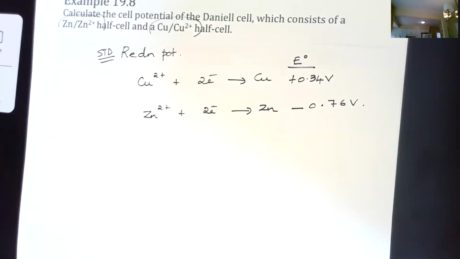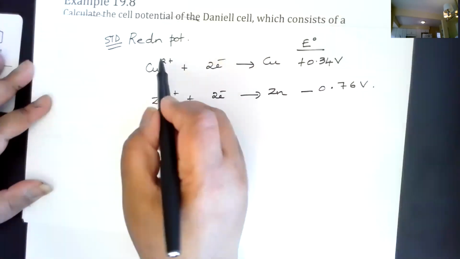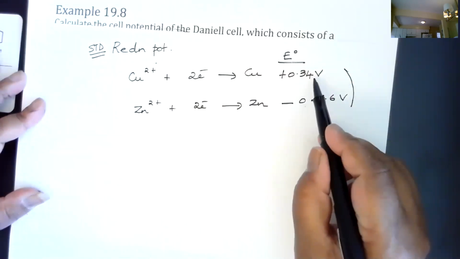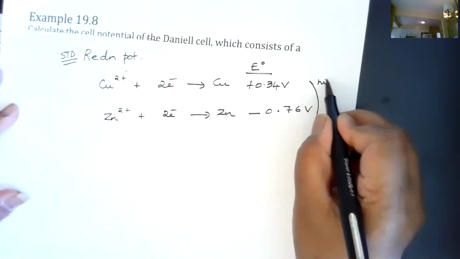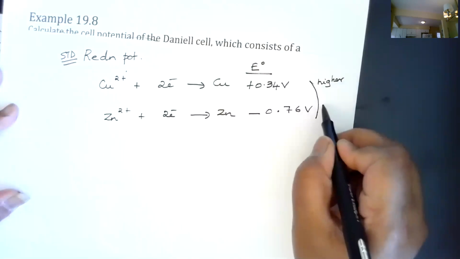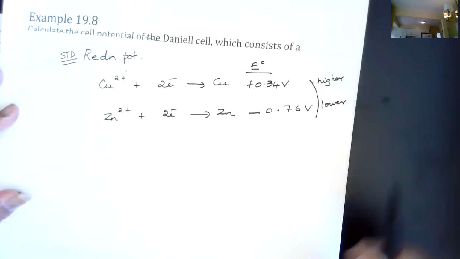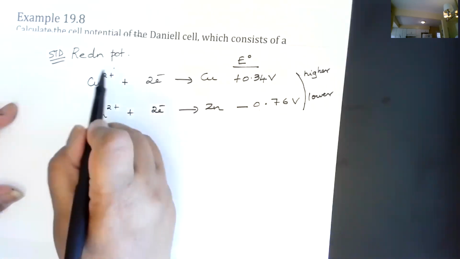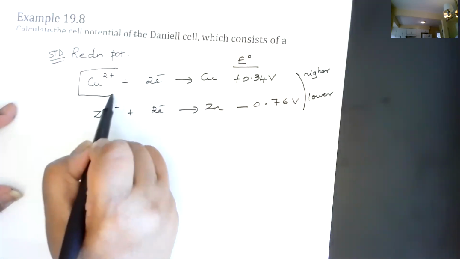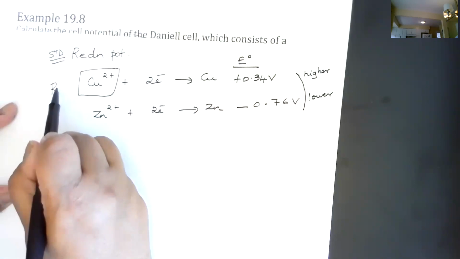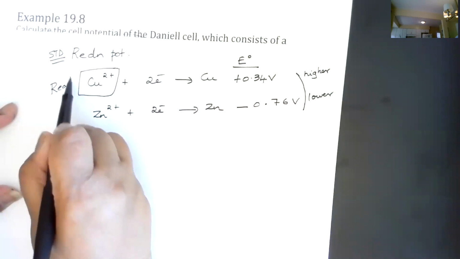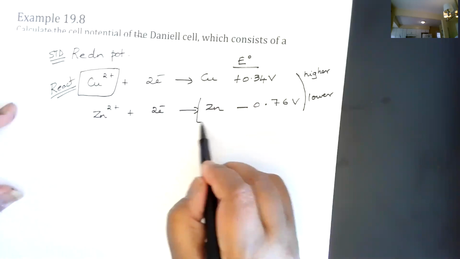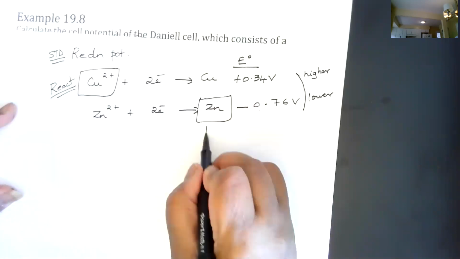Now from the rule we just learned, I've arranged this, this is higher, this is lower. Are you all following me? What's the rule? To make it spontaneous, this reactant can react with this product.